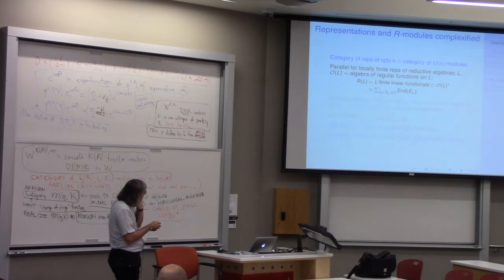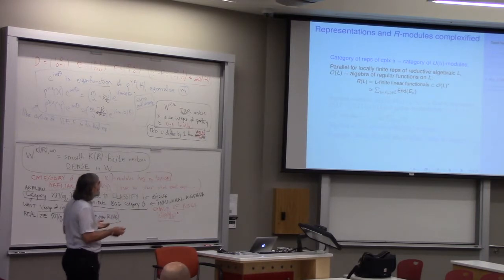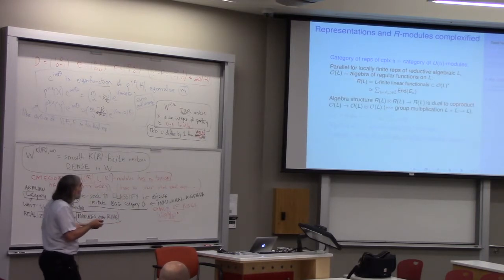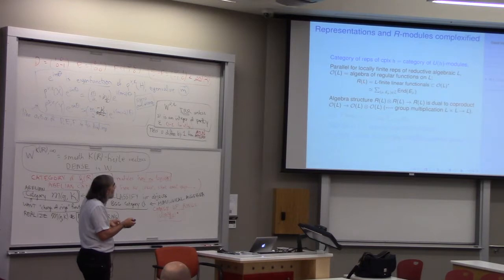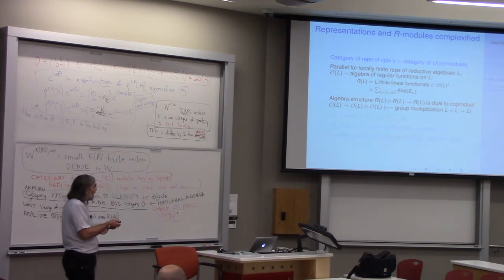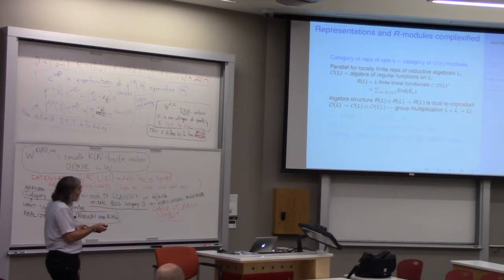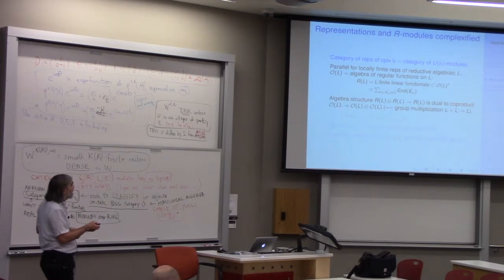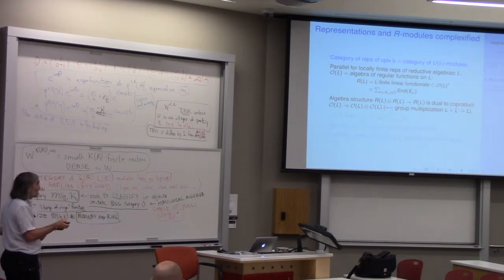And it turns out, again, that it looks like the direct sum over irreducible representations of these endomorphism algebras. The reason these linear functionals make an algebra, well, an algebra structure is some kind of map from the tensor product to R of L, and this map is just the transpose of the coproduct in the regular functions.